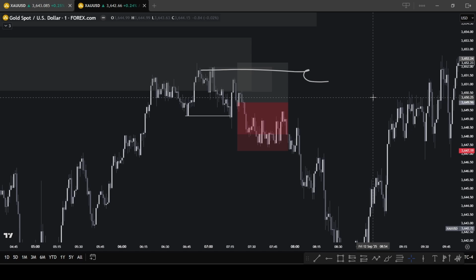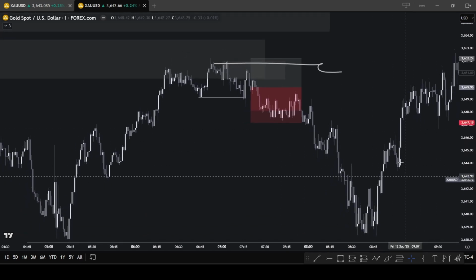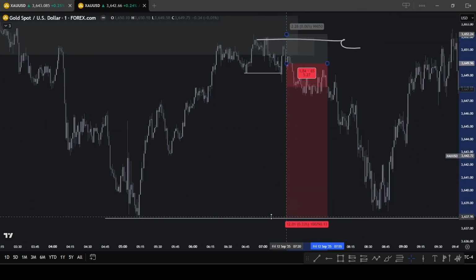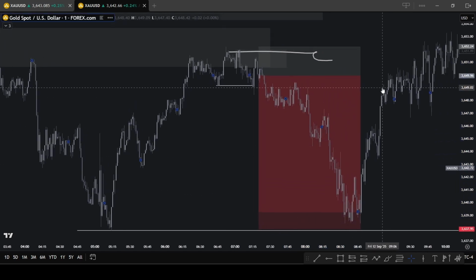Take note of that. If you make an exit plan before entering, you don't fumble when the idea goes wrong and doesn't go in your favor. So you don't panic that this trade is going against you.